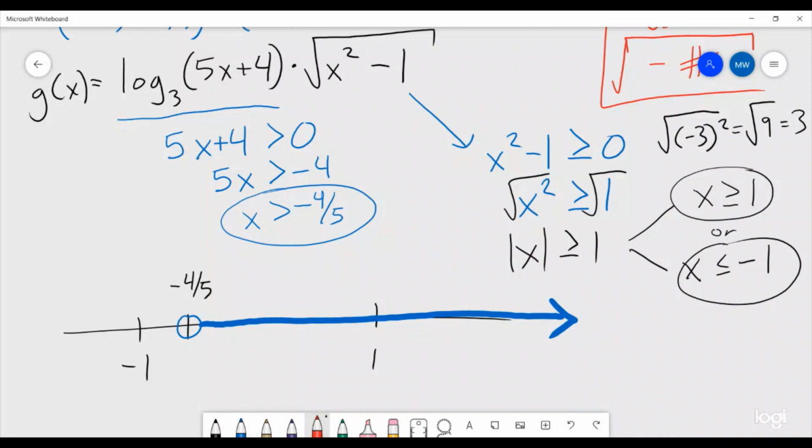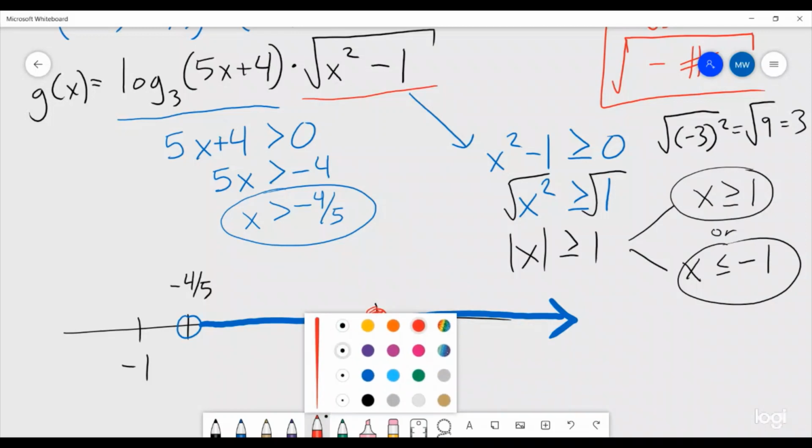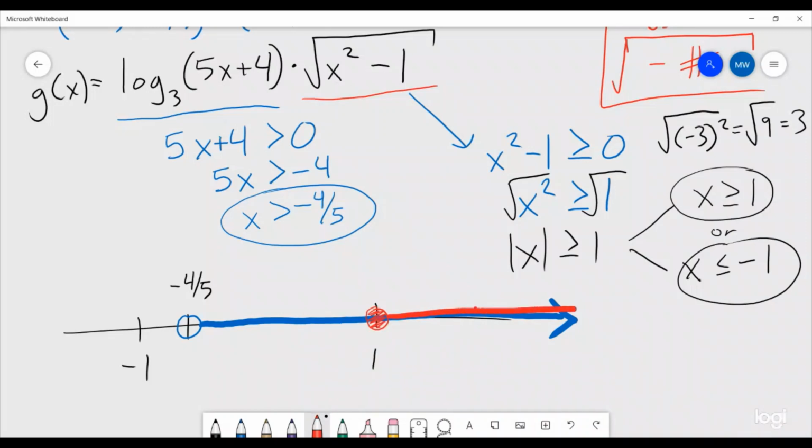The next one is we would want, well, x greater than or equal to 1 or x less than or equal to -1, so that means we are either going to start here, include it, and then go that way, and then go that way.